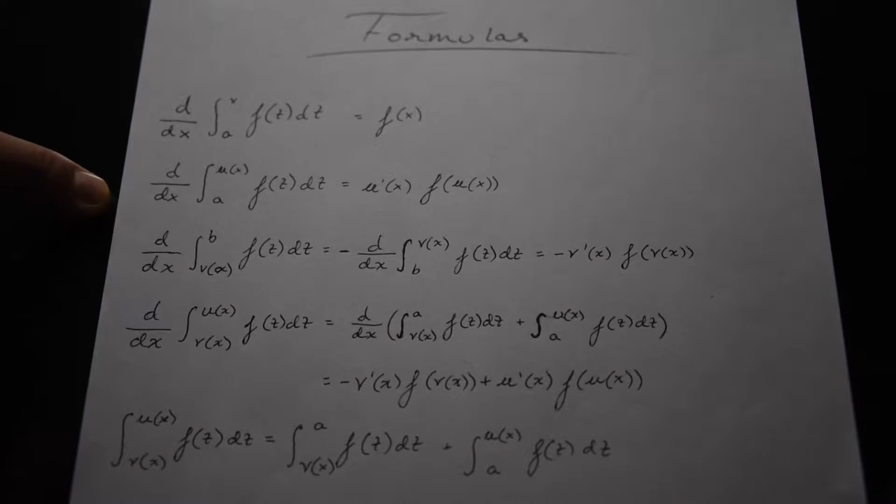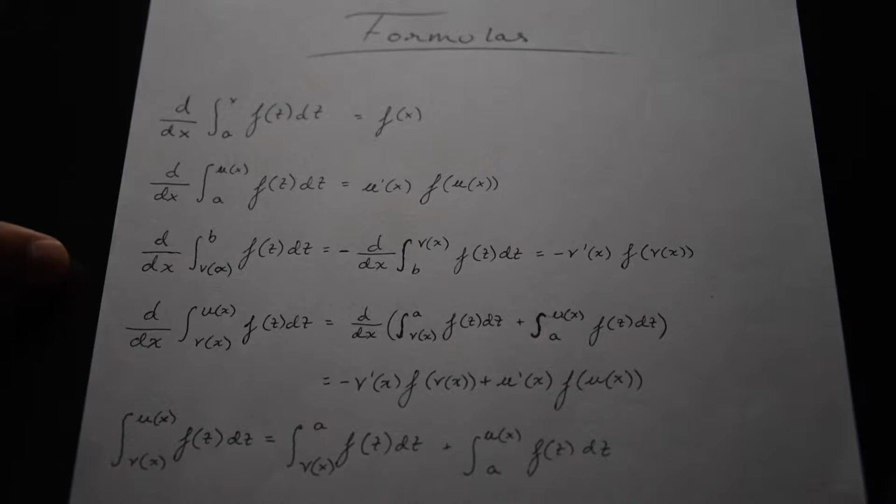The second formula shows that the derivative of the integral from a to u of x, f of t dt, is equal to u prime of x times f of u of x. It is almost the same as the first formula, but different because it implies the use of chain rule.